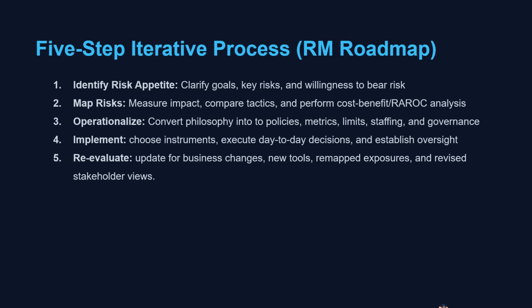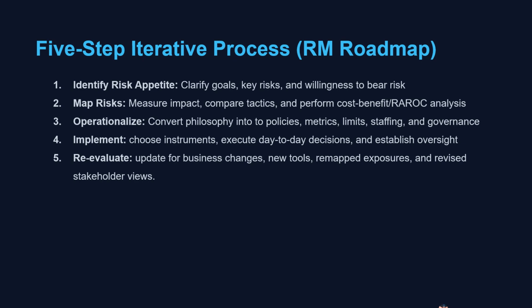Here is a simple roadmap you can use in any risk setting. Step number 1, identify risk appetite. Clarify strategic goals and willingness to bear risk. Step number 2, map risks. Pin down exposures at cash flow levels and compare tactics using cost benefit or ROIC. Step number 3, operationalize. Turn philosophy into policies, metrics, limits, staffing, and governance.